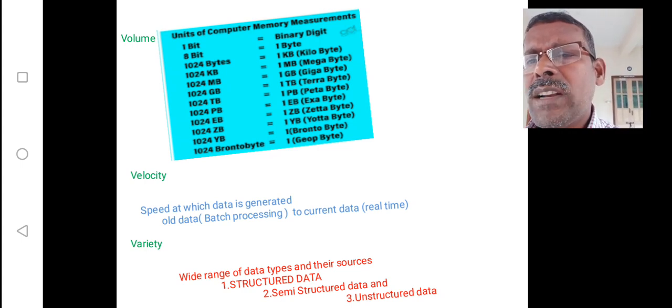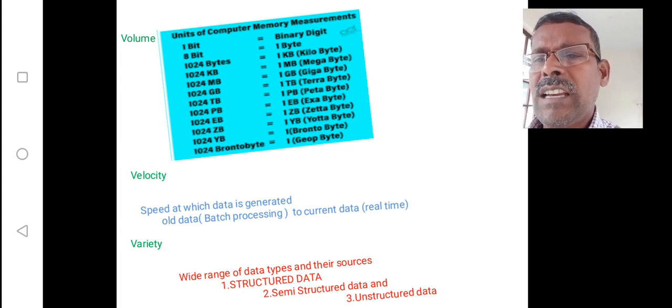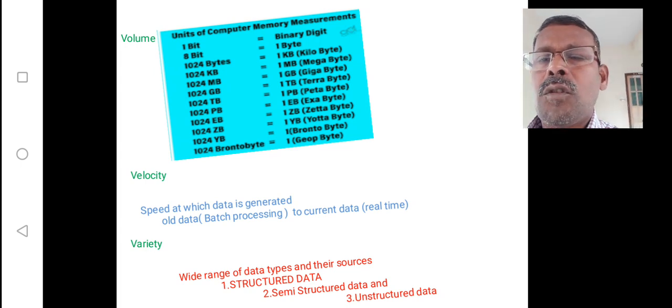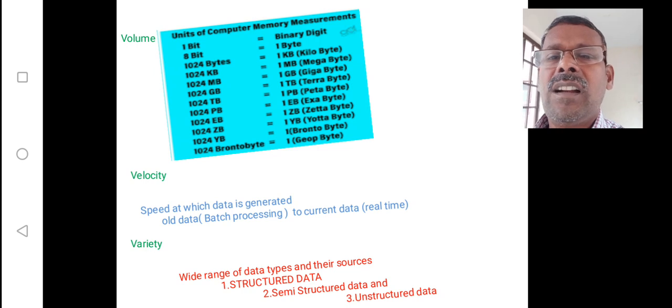What is 1 gigabyte? 1024 megabytes is 1 gigabyte. 1024 kilobytes is called 1 megabyte. 1 kilobyte means 1024 bytes. What is actually a byte? 8 bits of information is called 1 byte.